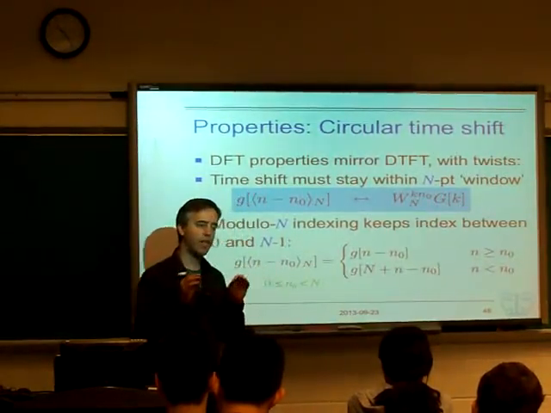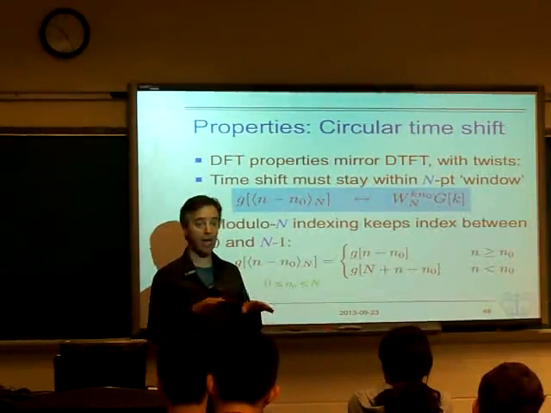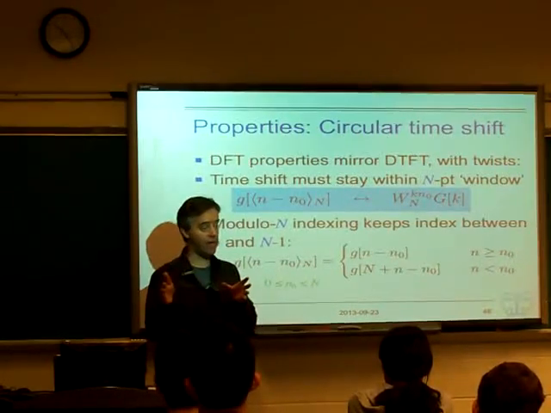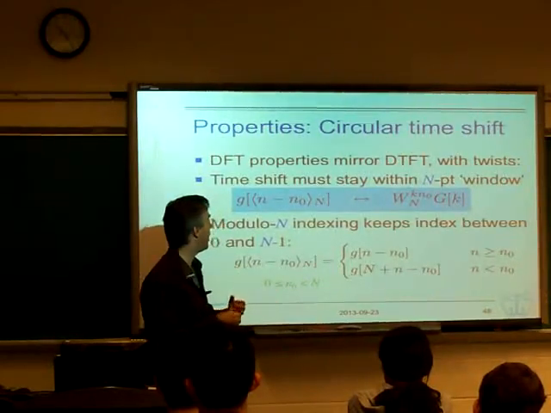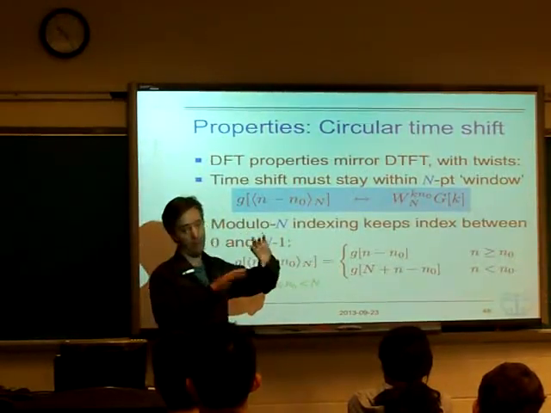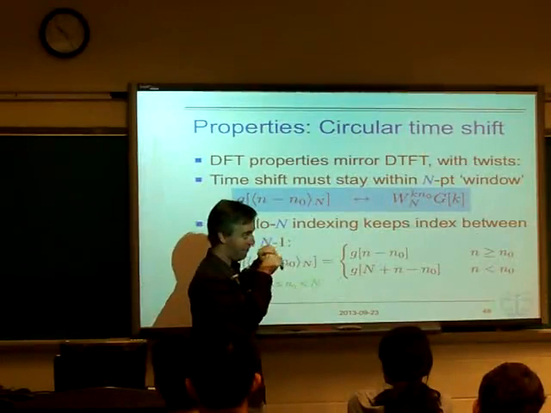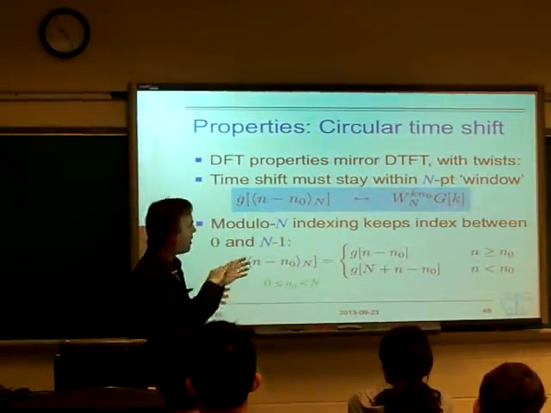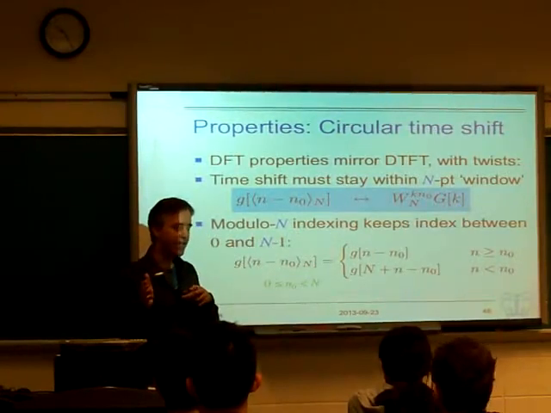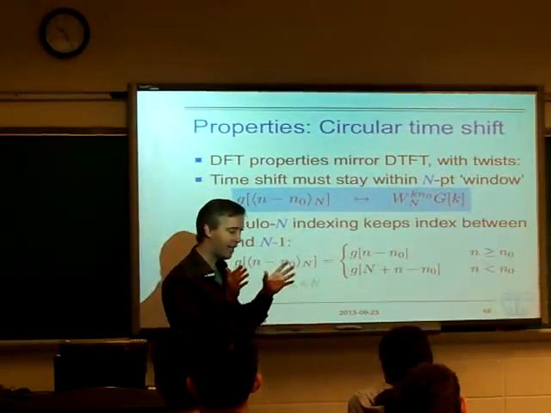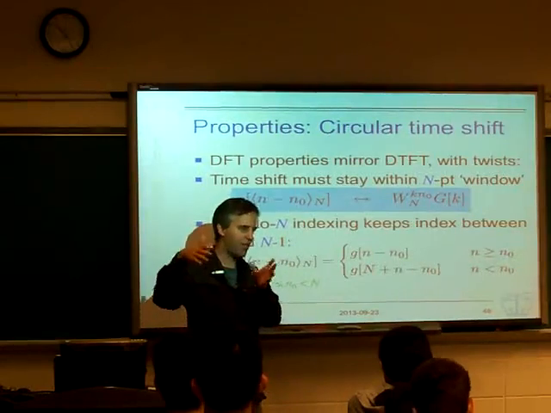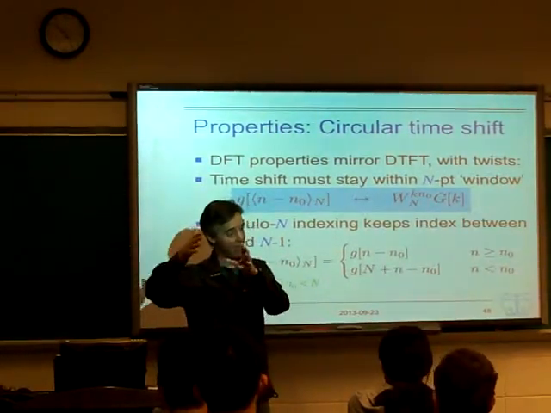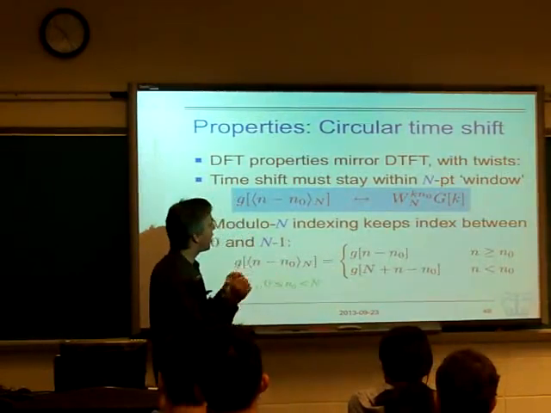But in the DTFT, we had a time shift operator: if you delay a sequence by n0 points, then the Fourier transform is e to the minus j omega n0 times the Fourier transform of the unshifted sequence. Well, we can't shift a finite length sequence by n0 points and have the points shift off the end, because there's a hard end; this has to go somewhere.